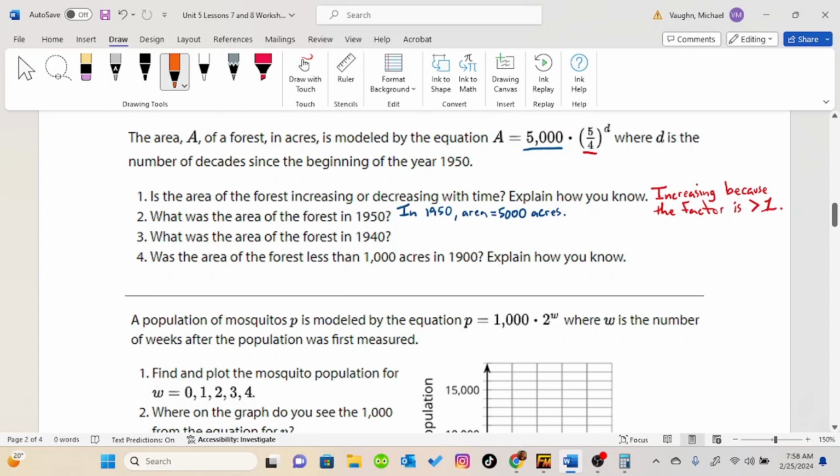To find that, 1940 is 1 decade earlier, so area equals 5,000 times 5/4 to the power of -1. 5/4 to the -1 is the reciprocal, because remember, negative means 1 over, and dividing by a fraction is the same as multiplying by the reciprocal. So this becomes 5,000 times 4 over 5.